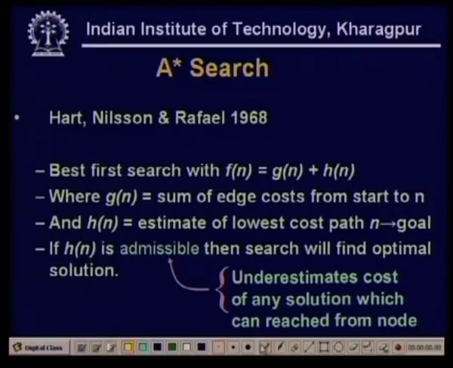The nodes are expanded according to their increasing f values. We have also seen that in case h(n) is admissible, then search will find the optimal solution. A heuristic function h(n) is said to be admissible if it underestimates the cost of any solution which can be reached from the node.